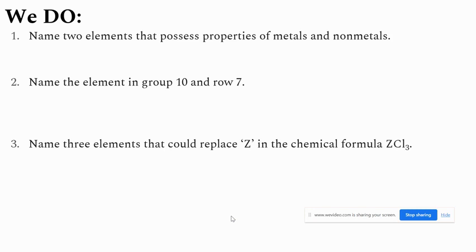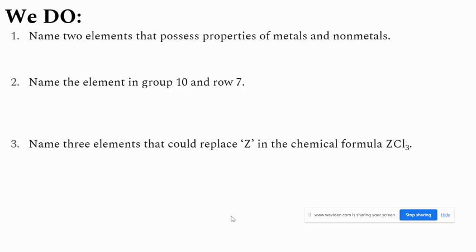Element group 17, row 4. Iodine? No. 1, 2, 3, 4. Row 4. What row 4 element? Bromine. Yep. Row 4, group 17. That's going to be bromine.